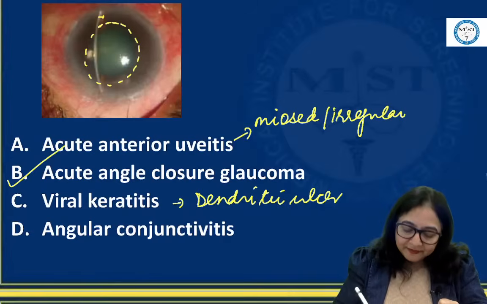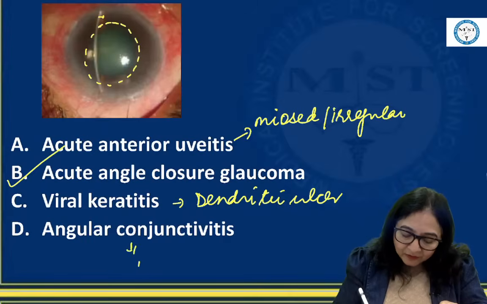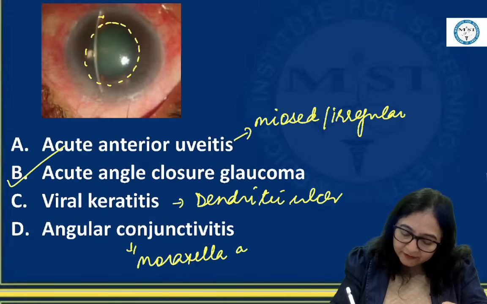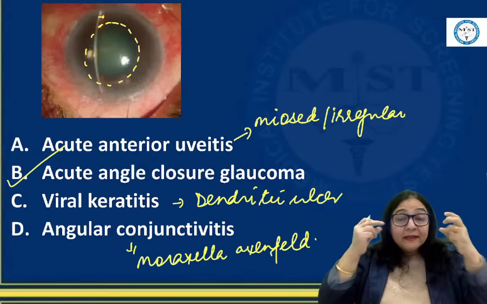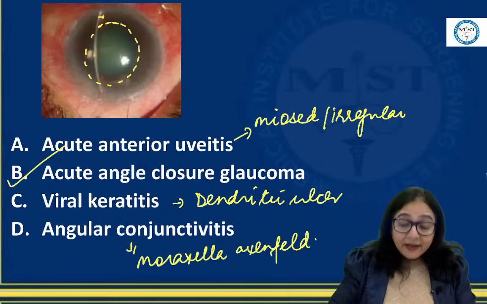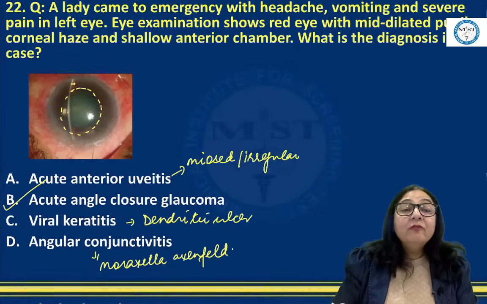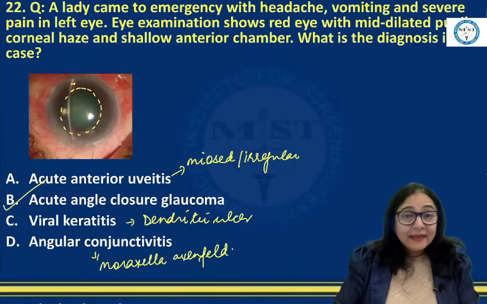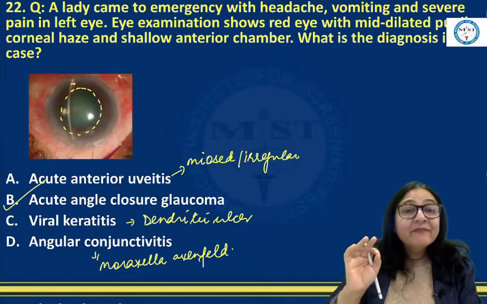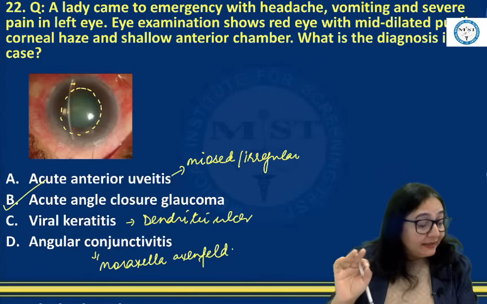And you know, angular conjunctivitis is seen in the cases of Moraxella, Morax-Axenfeld, in which the congestion is more in the canthal areas of the eye. So try to differentiate the different causes of the painful red eye, and look at the specific features which will help you in the diagnosis.